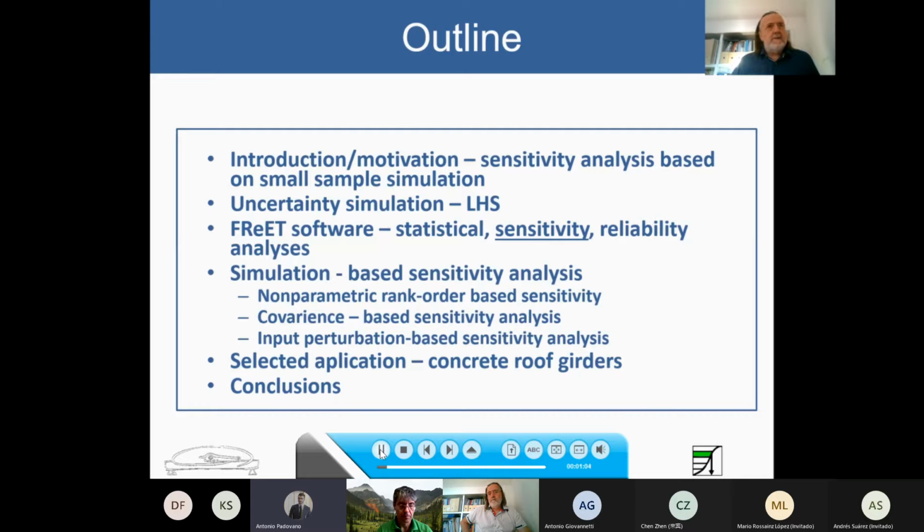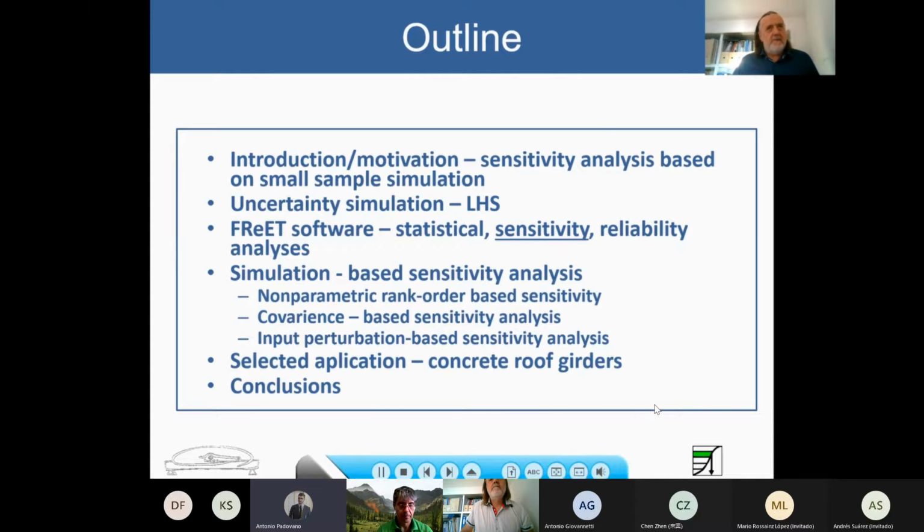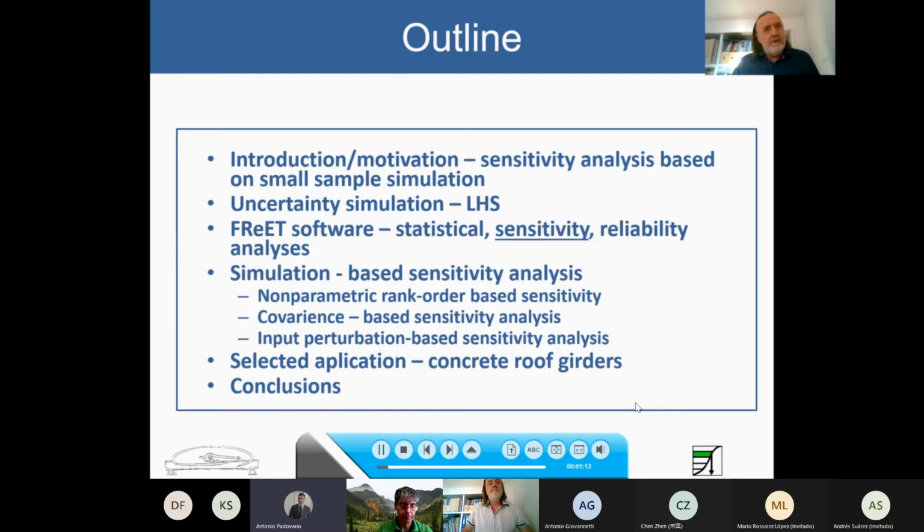The focus is on simulation-based sensitivity analysis, where we are working with three techniques: non-parametric rank order-based sensitivity, covariance-based sensitivity analysis, and also input perturbation-based sensitivity analysis. Finally, I will show one interesting selected practical, real-world application, concrete roof girders beam.